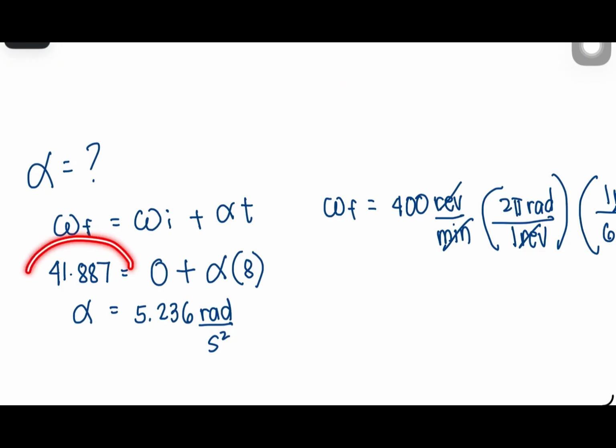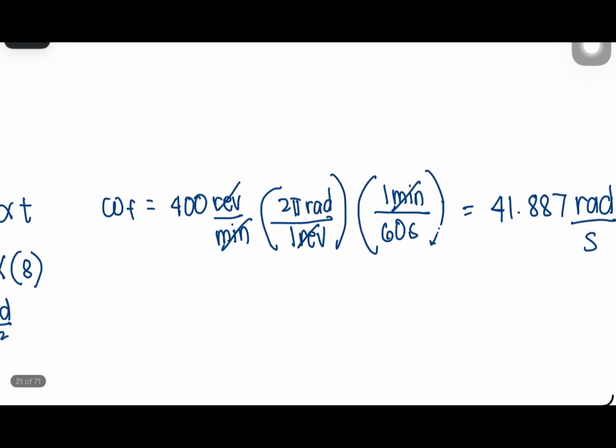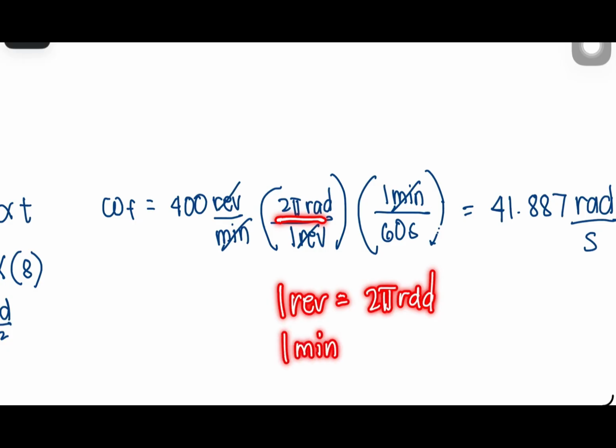So, bago yan, meron pala tayo ditong kinonvert na final angular speed. So, sa conversion, madali lang naman. Yung revolution natin i-convert to rad. So, 1 revolution is equivalent to 2 pi rad. Then, para ma-convert yung minute, 1 minute is equal to 60 seconds.